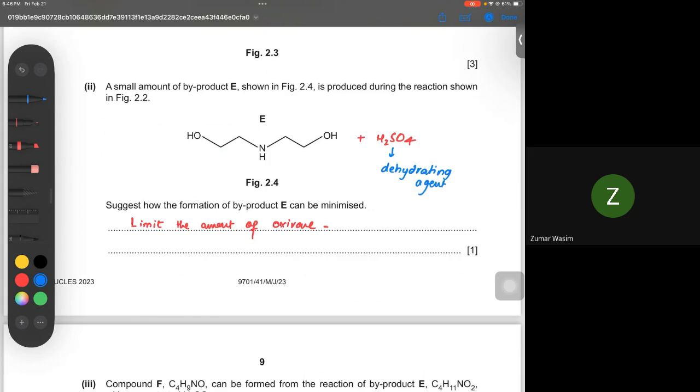When it removes water, this OH and this H would be removed, minus H2O, and they are going to connect with each other. So there would be a bond with this carbon. This is 1, this is 2, this is 3, this is 4. One side is connected with this oxygen.